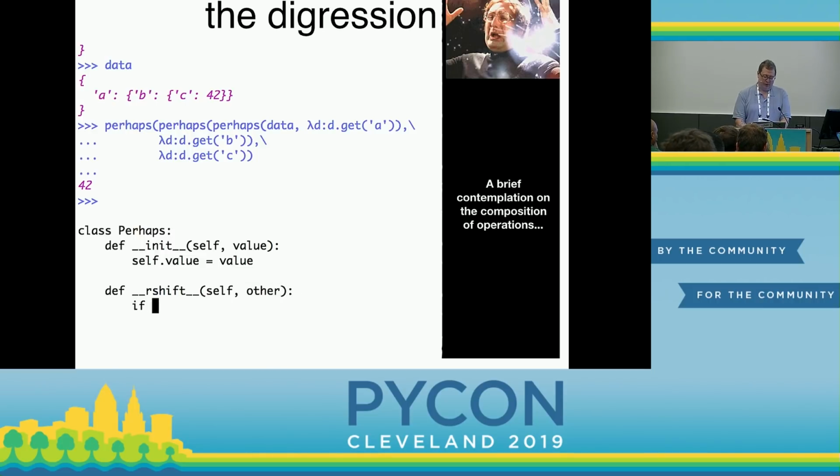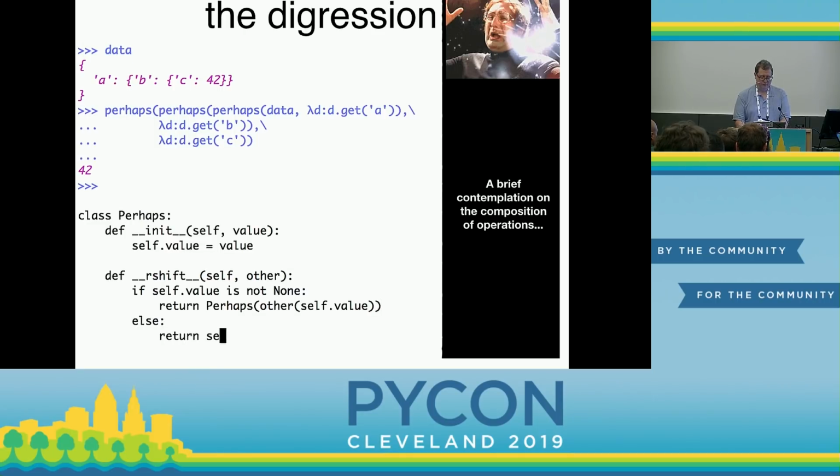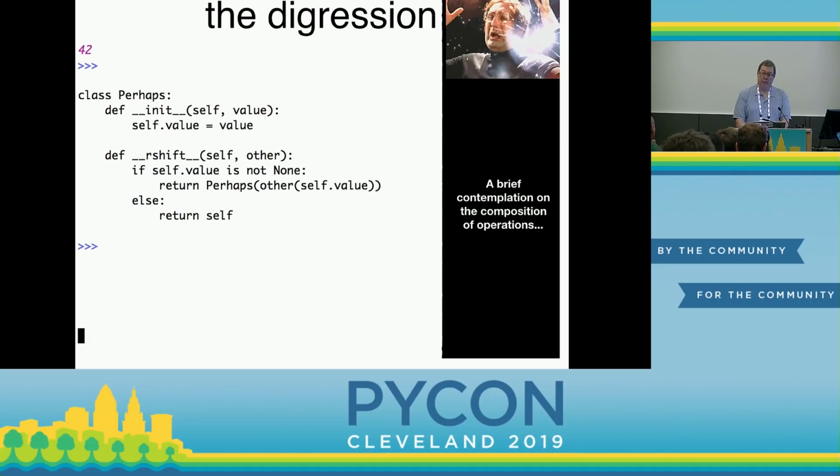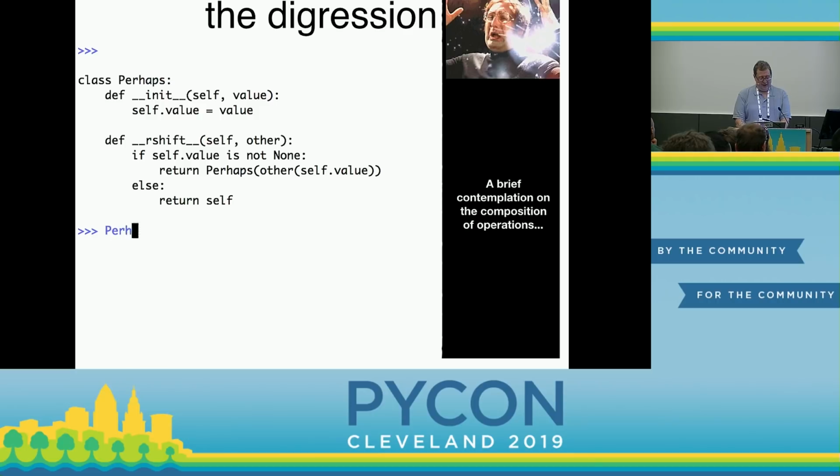And we're going to do the check here, where we do a little bit of magic on it. What this is going to allow us to do, and let me pull the slide up a little bit here, is you're going to be able to do perhaps data, and then start chaining it through a bunch of functions.